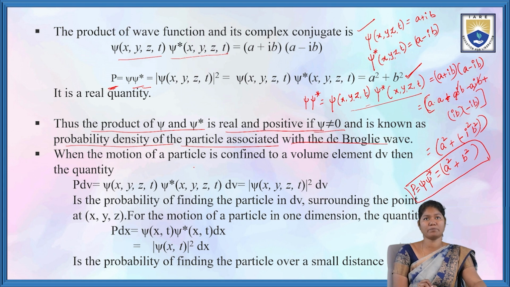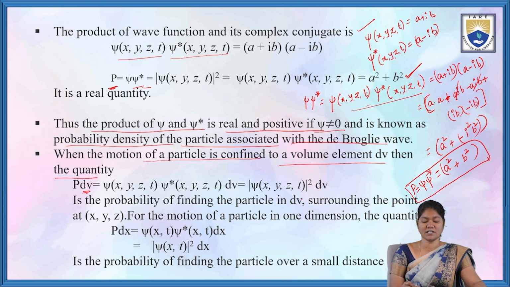When the motion of the particle is confined to a volume element dV, a small volume element, the quantity becomes P dV. So P dV is equal to ψ(x, y, z, t) into ψ*(x, y, z, t) dV, which is equal to modulus ψ(x, y, z, t) squared dV.